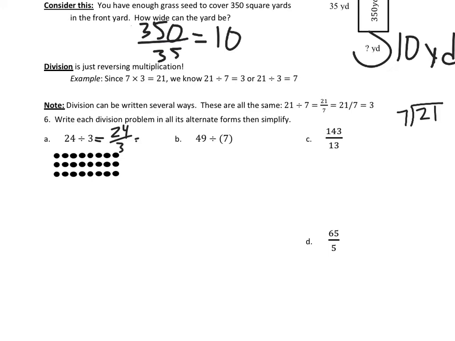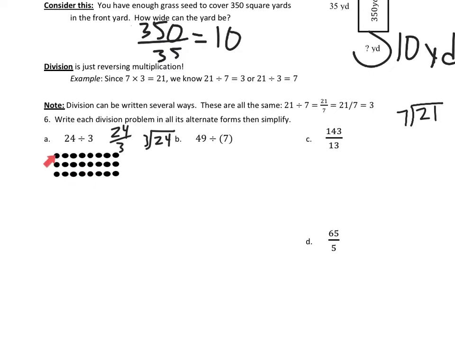Or we can write the longhand form, 24 divided over 3. Okay, 24 divided by 3. Those all mean the same thing, all right? They're all equal. I'll get that out there. It's kind of confusing, okay? And so that's what we're talking about.